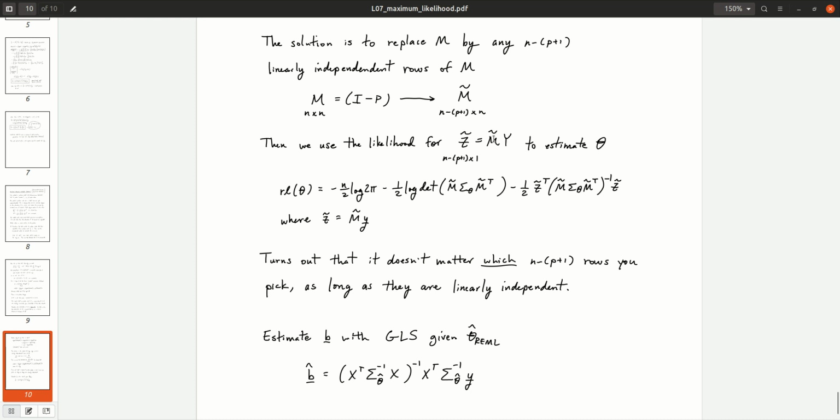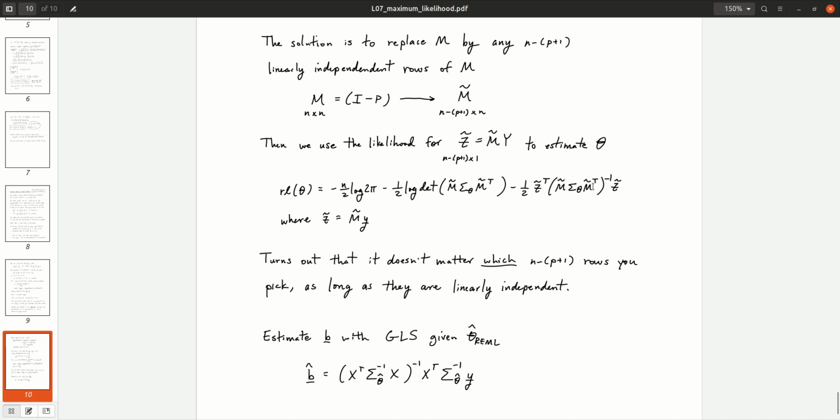As long as we pick M tilde to have linearly independent rows, those practical problems go away. The log determinant of this product is not minus infinity, so we can actually compute this thing. We can't break this up into the product of determinants because this matrix M tilde is no longer square, so we have to get the determinant or log determinant of this matrix product directly.